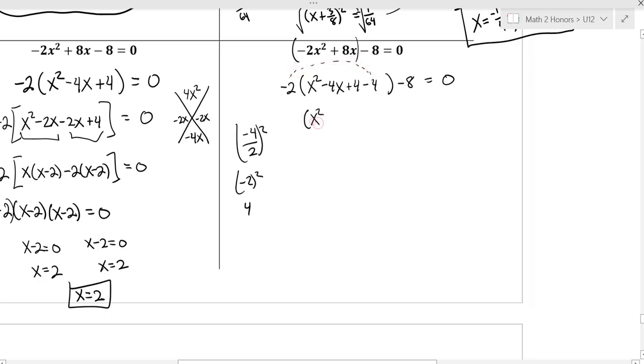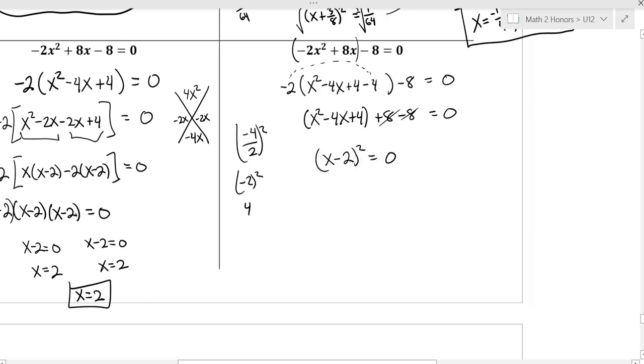I get x squared minus 4x plus 4 plus 8 minus 8 equals 0. The plus 8 and minus 8 zeros out, and the x squared minus 4x plus 4 ends up factoring to a perfect square, which is x minus 2 squared.